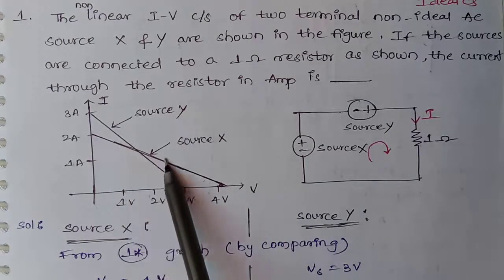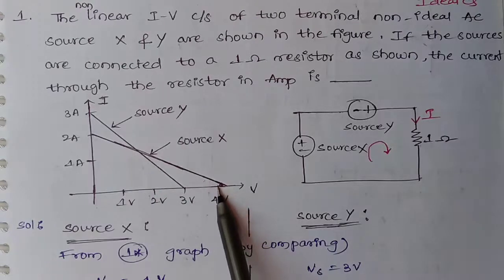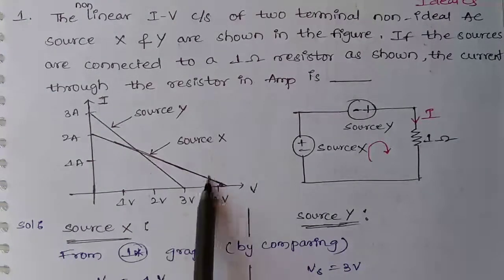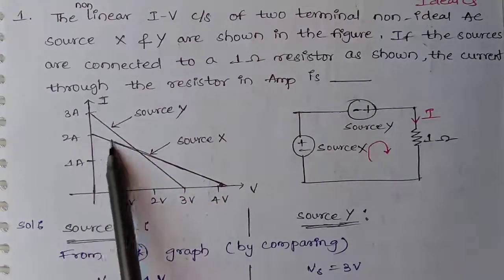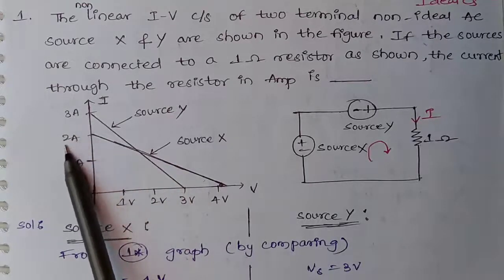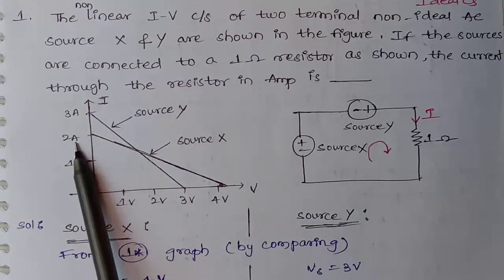This characteristic is touching at 4 volts. That means this is the voltage value of source X, and the current value of source X is 2 amperes.